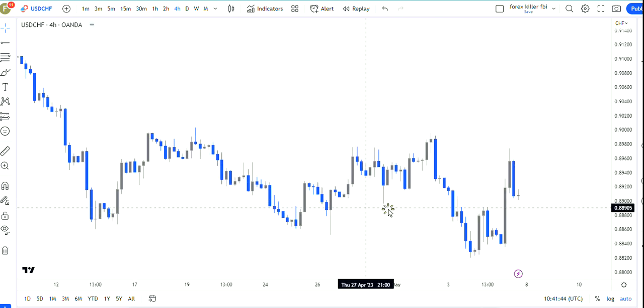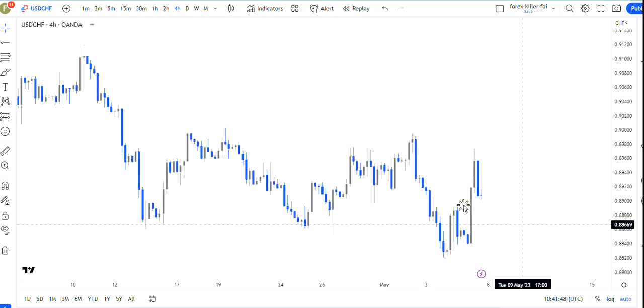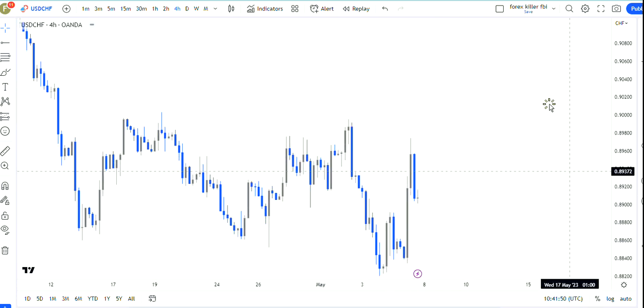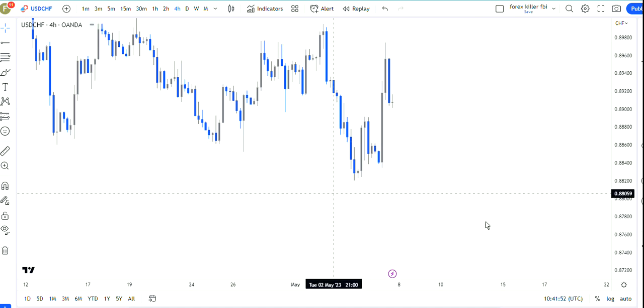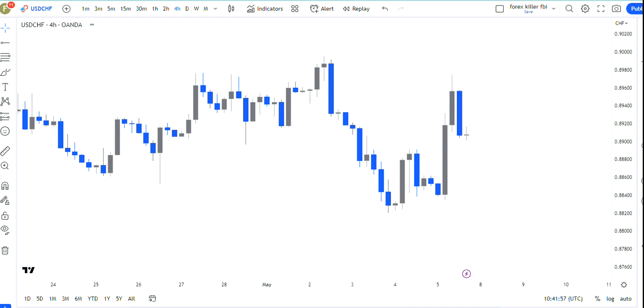So let us see what is going on USD here. Look here now, we have two things. As you can see at the current price, we have high, low, high, low. Then we have this move here.